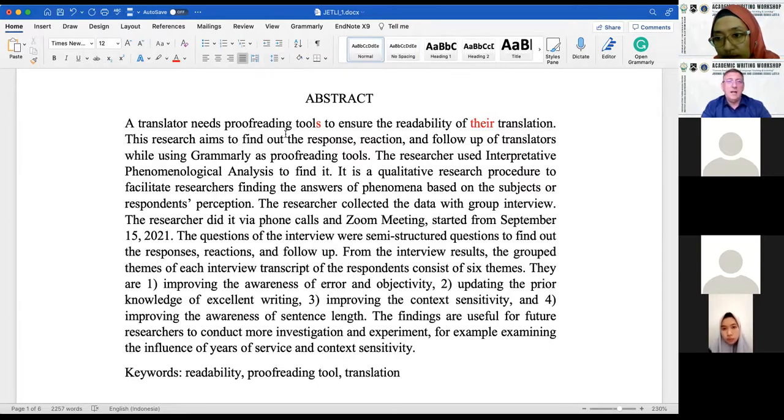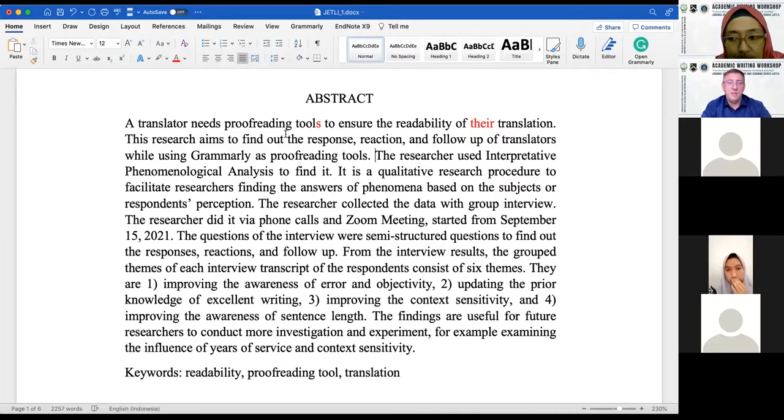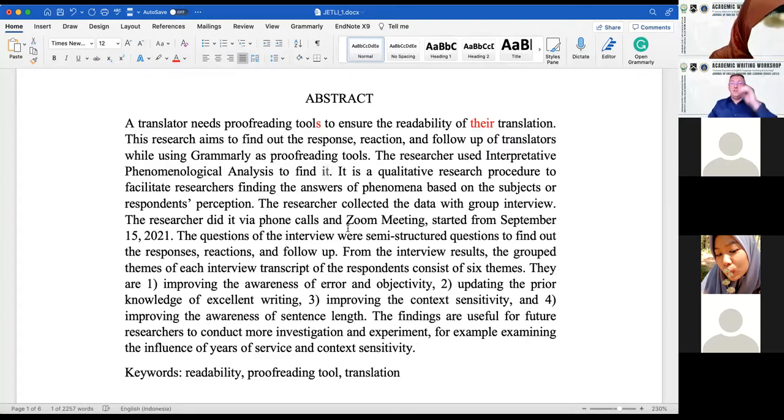I really like when the first sentence gives a general statement that everyone can understand, and when the second sentence gives the aim of the research. But I'm really not sure exactly what they're talking about. "The researcher used interpretive," okay. Wow. I mentioned earlier the uses of pronouns.